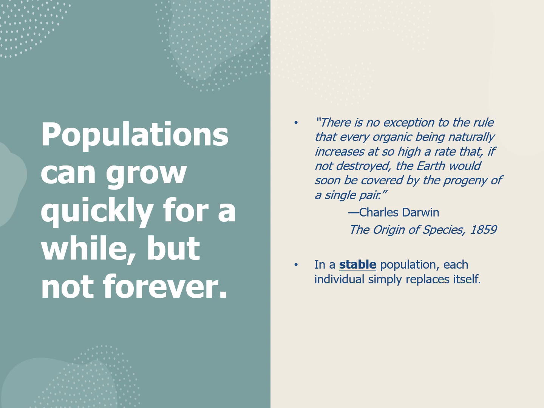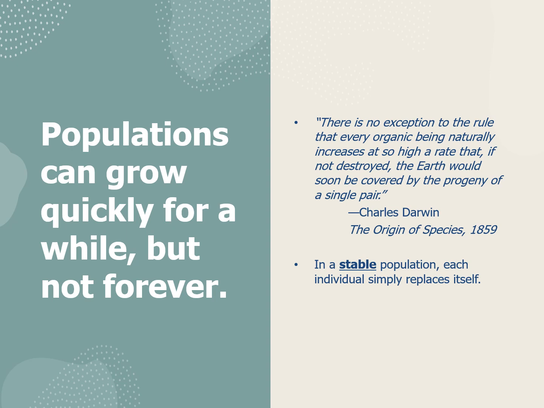So if we have a mating pair of, let's say, rabbits, and the mommy and daddy rabbit are having two baby bunnies, a boy bunny and a girl bunny, and they just replace themselves, and that's as many baby bunnies as they have for their entire life, then in that population, as long as their children also just replace them and their baby bunnies also replace them and so on and so forth, that population will just be incredibly stable. That population will technically not grow. It will be just a stable population.